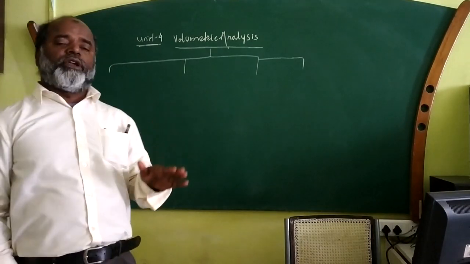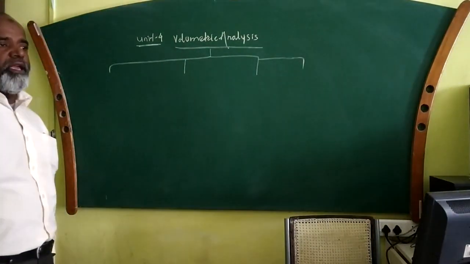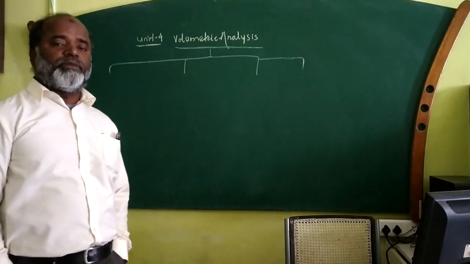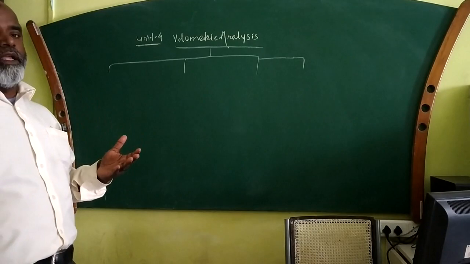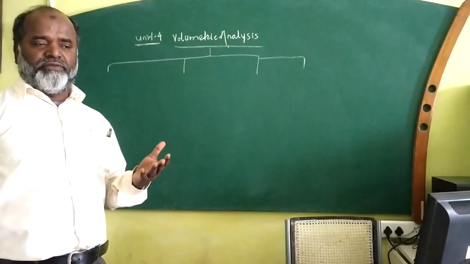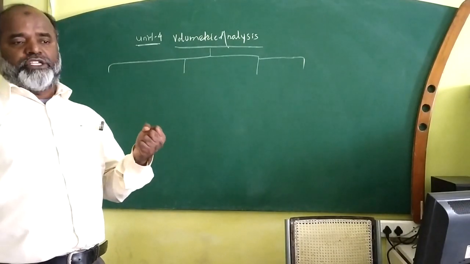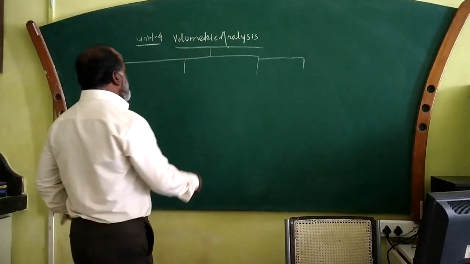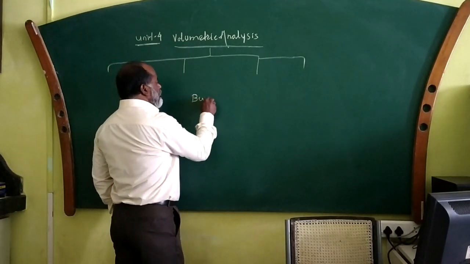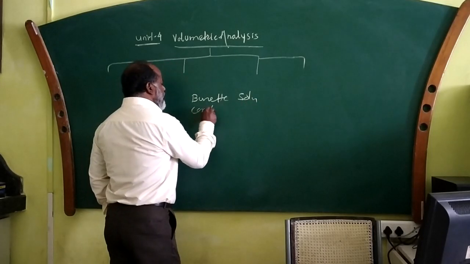And if somebody is going for volumetric analysis, then there are four types of volumetric analysis. These four types are classified on the basis of the type of reaction taking place between the burette solution and the conical flask solution.